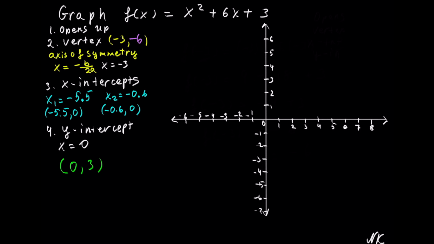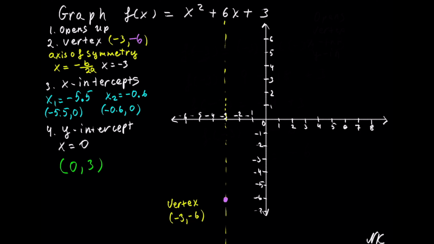Once we have the vertex and intercepts, we can begin graphing the parabola. It has an axis of symmetry at negative 3, and at negative 3, negative 6, we have the vertex. At the vertex you can have either the maximum or the minimum of the graph.